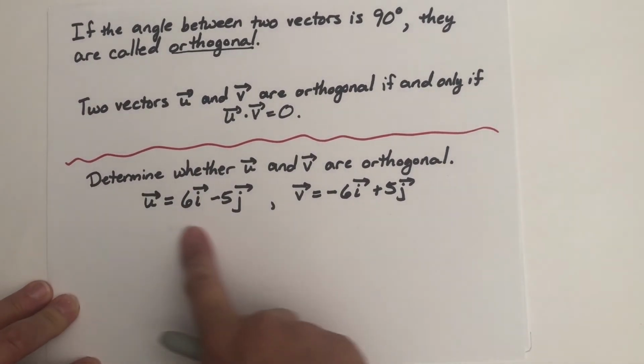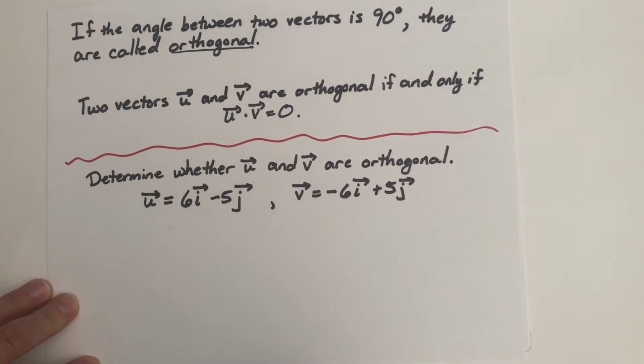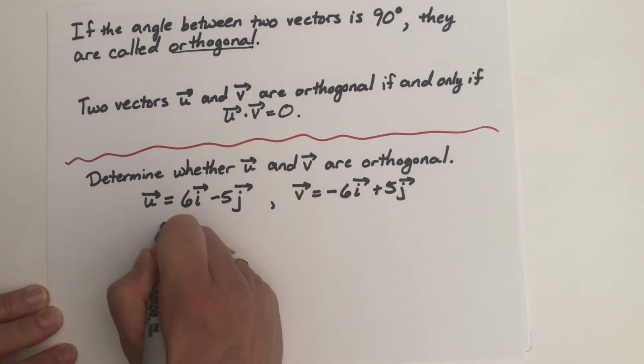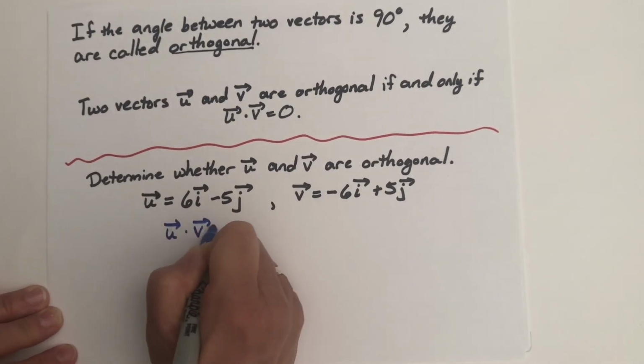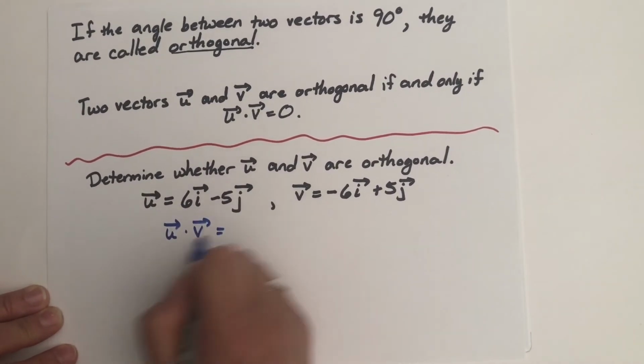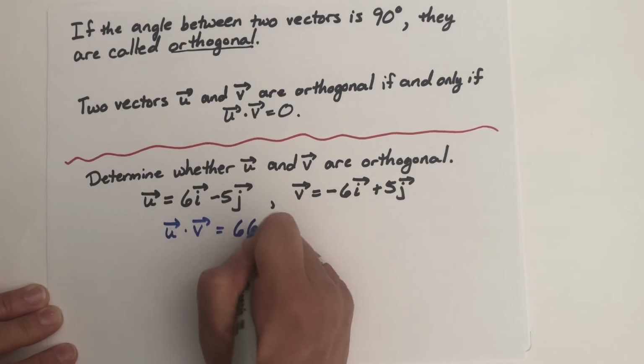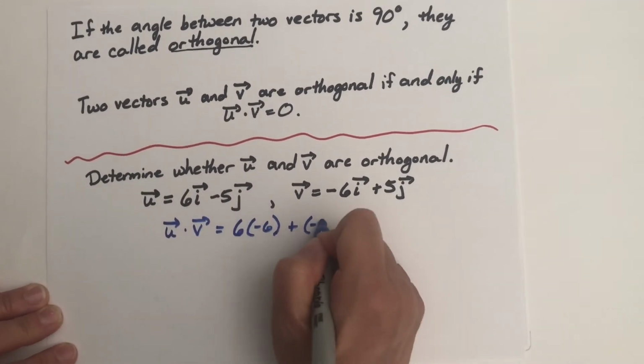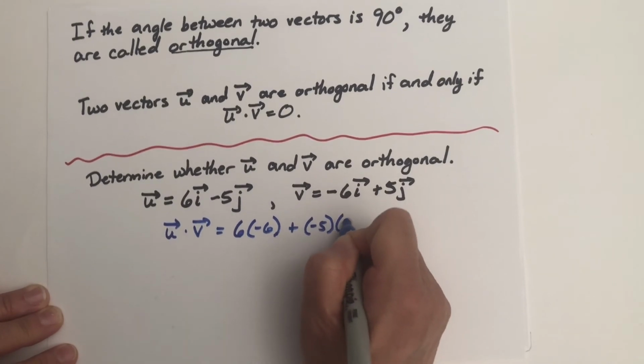So you'll have some questions that ask, are the vectors orthogonal? The only thing we need to determine is, is their dot product 0? So let's calculate u dot v for these two vectors. We have 6 times negative 6 plus negative 5 times 5.